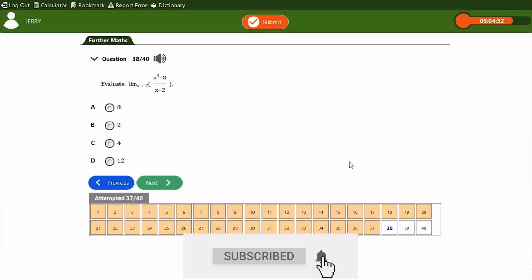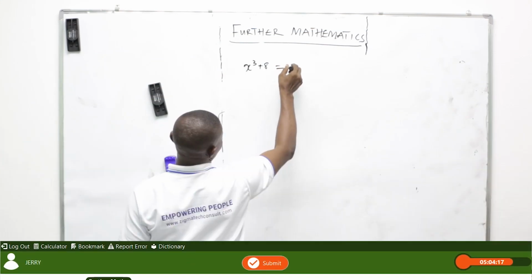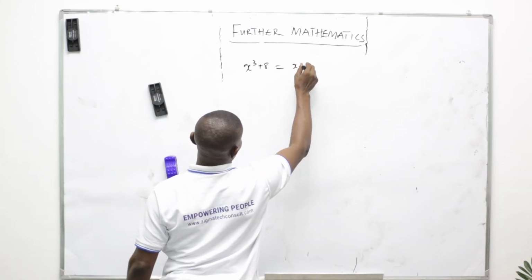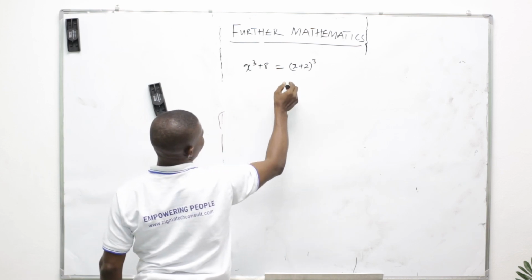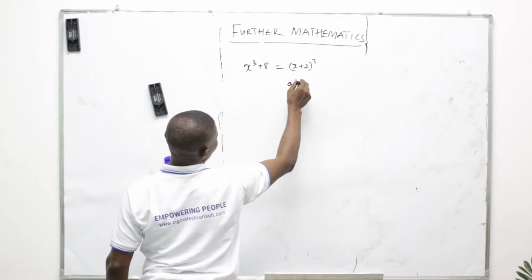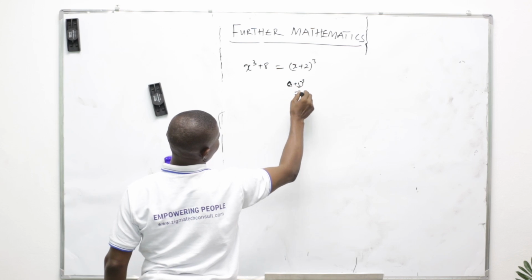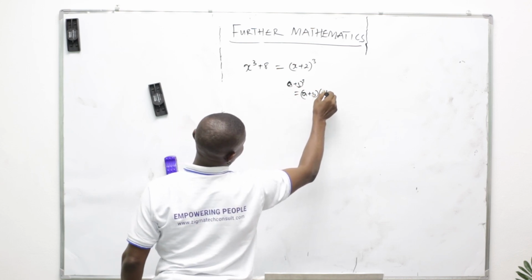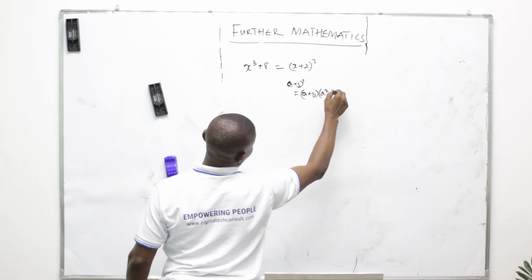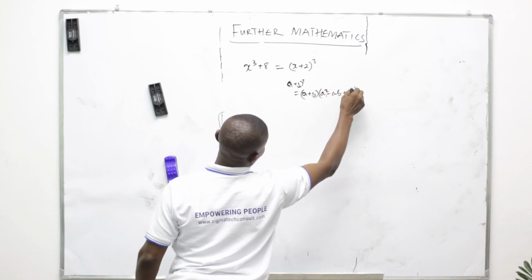Finally, evaluate this. Okay. Recall that s cubed plus 8 is the same as, you are talking about sum of two cubes. Recall for a cubed plus b cubed, this equals a plus b into a squared minus ab plus b squared.